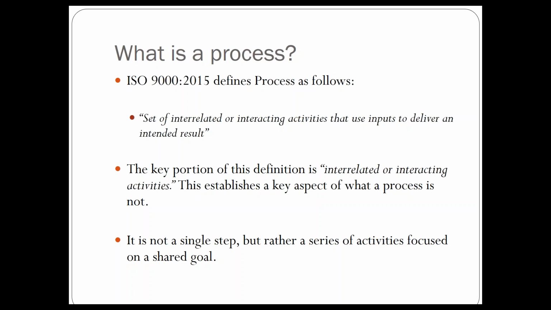Now, the key portion of that is interrelated or interacting activities. This is a key aspect of what we're looking for when we look at processes. Processes are not single steps. These are going to be a series of activities that are focused on a shared goal. These are going to be, again, interrelated, interacting activities for turning inputs into outputs.